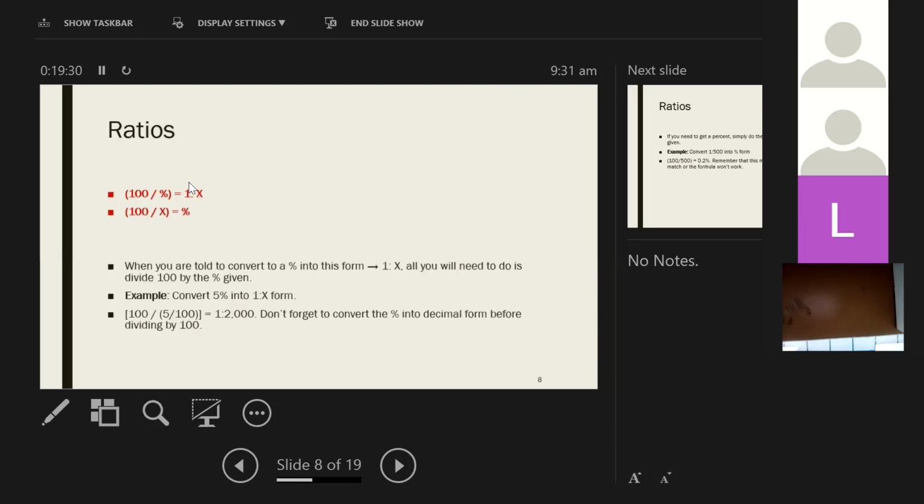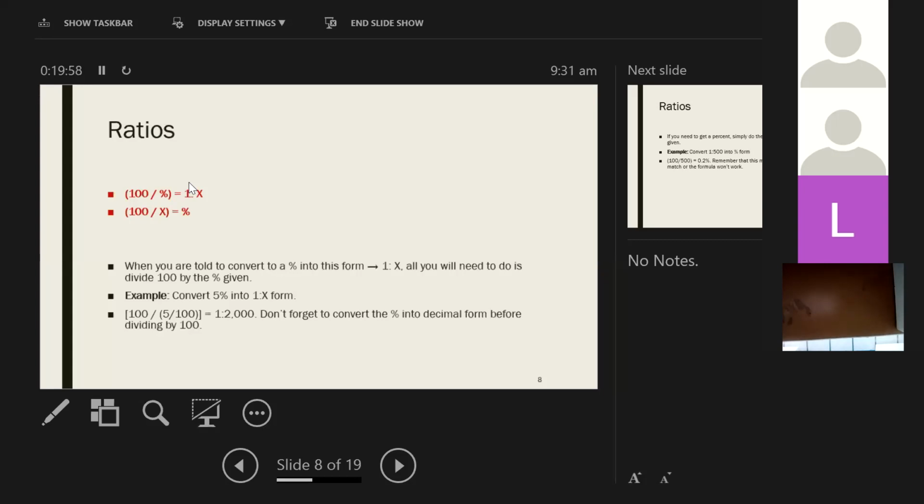Let's take this example. On your calculators or on paper, take 100 divided by 20%. What do you guys get? You get 500.